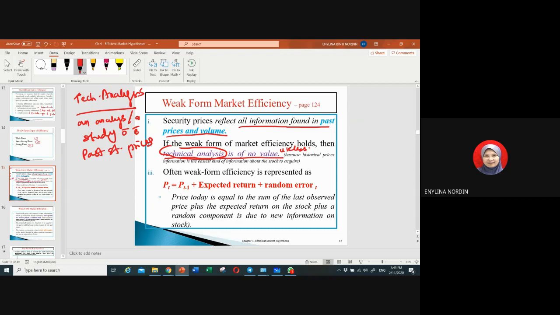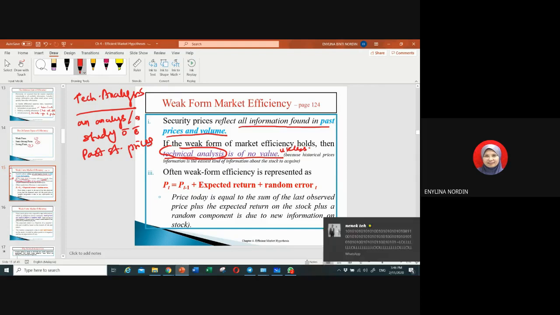That means we study the movement of the past stock prices, yesterday's stock prices, or we study the stock prices for 14 days, starting last 2 weeks. And then we make the investment decision.